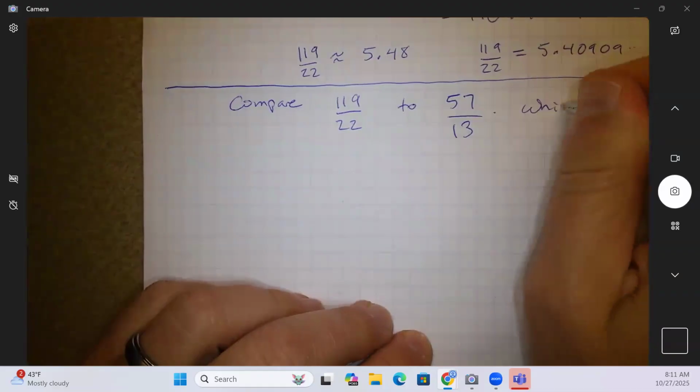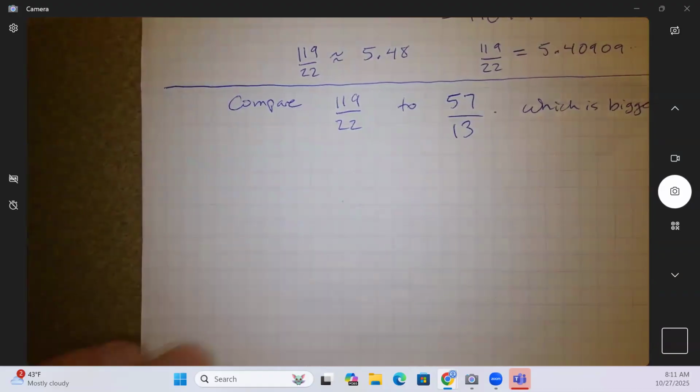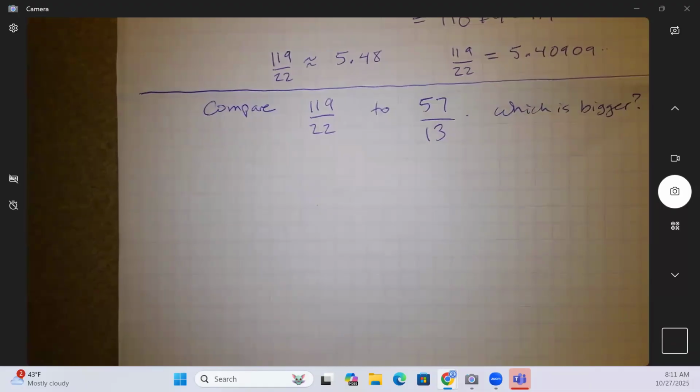Which is bigger? And let's do it without a calculator first. Actually, we might still end up using a calculator, but let's do it without just getting the decimal versions.